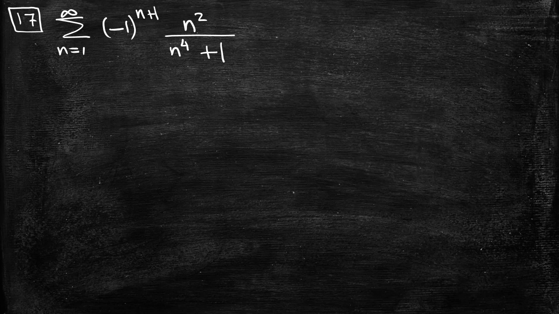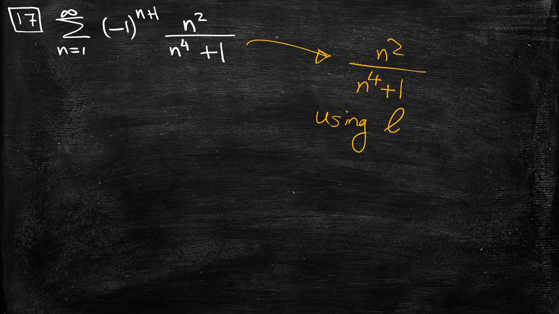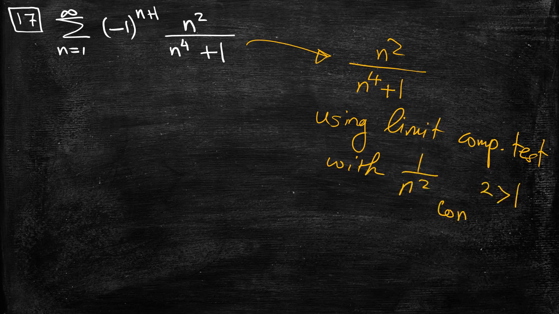About this case, we have n squared over n to the power 4 plus 1. If we need to test this, I think we are already clever enough to use the limit comparison test here, or you may also use the integral test, whatever you like, comparing this with 1 over n squared, where 2 is greater than 1, which is a convergent series.